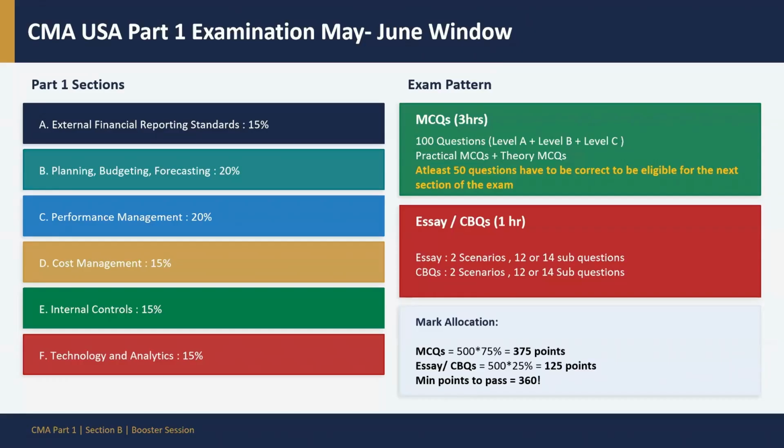Now, suppose you have completed your MCQ questions half an hour before. At that point of time, you can utilize this extra half an hour that you have saved in your MCQs for your essay.